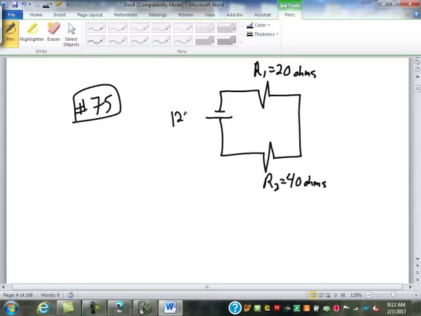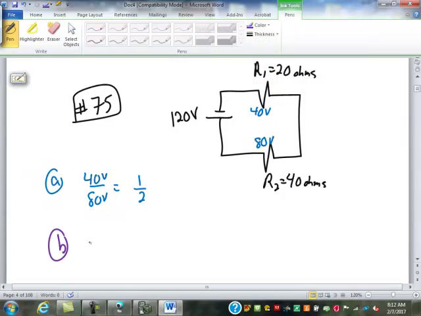Voltage source of 120 volts. Part A, comparing the voltage drop, I should say. So we've got 40 volts across R1, 80 volts across R2. So the ratio of voltage drop R1 to R2 is 40 volts to 80 volts, it's a 1-to-2 ratio.